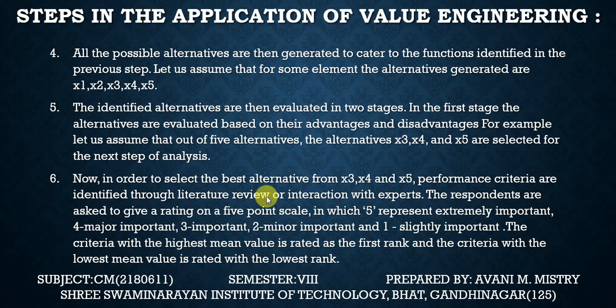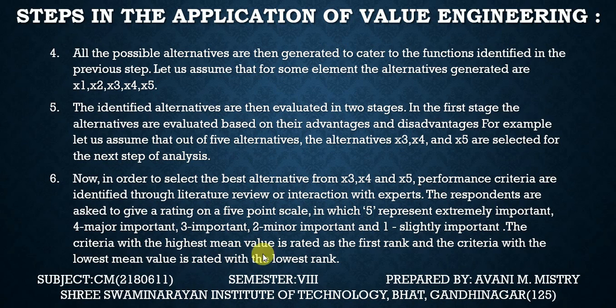Now, in order to select the best alternative from x3, x4, x5, the performance criteria are identified through literature review or interaction with experts. The respondents are asked to give a rating on a 5-point scale, in which 5 represents extremely important, 4 major important, 3 important, 2 minor important, and 1 slightly important.